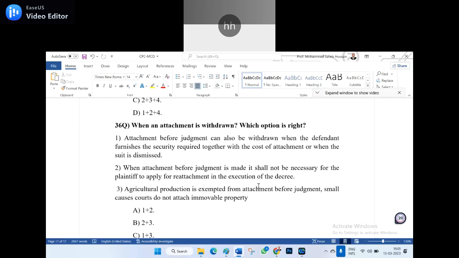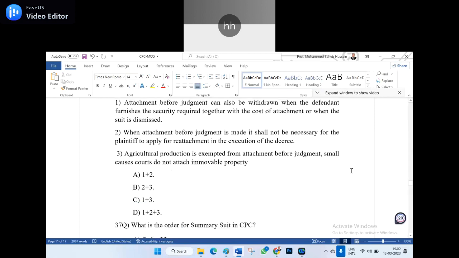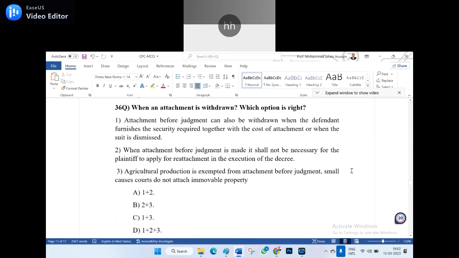When the attachment before judgment is made, it shall not be necessary for the plaintiff to apply for the reattachment in the execution of a decree. 3. Agricultural product is exempted from the attachment before judgment. Small causes code don't attach the immovable property. And here I made the options: A 1 plus 2, B 2 plus 3, C 1 plus 3, D 1 plus 2 plus 3.